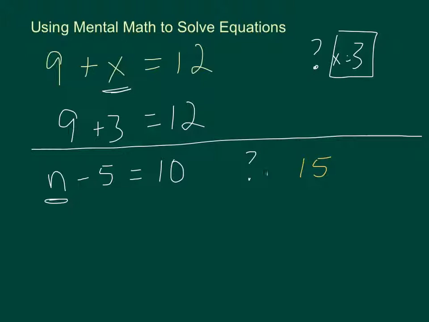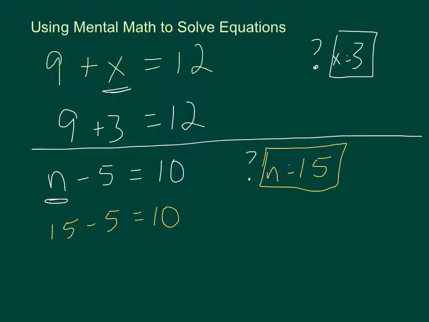So I want to say that n equals 15. To check that, I'm going to substitute 15 in for the n. So I'll write 15 minus 5 equals 10, and that checks out. So n equals 15 is a solution.